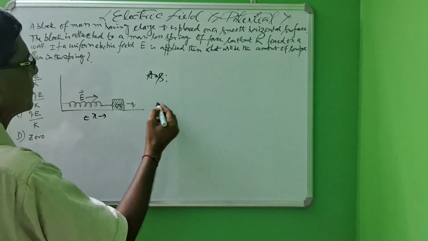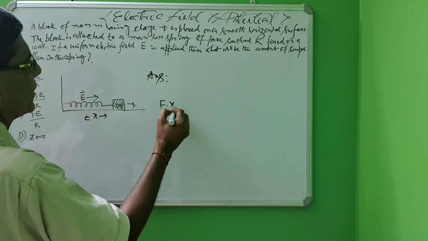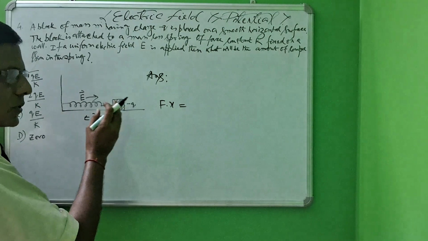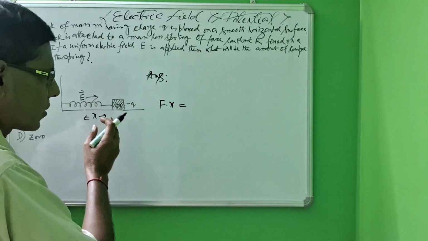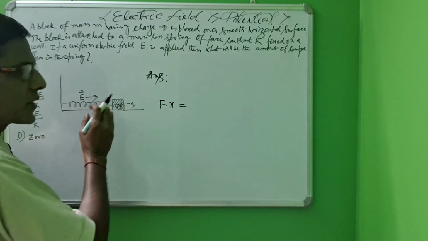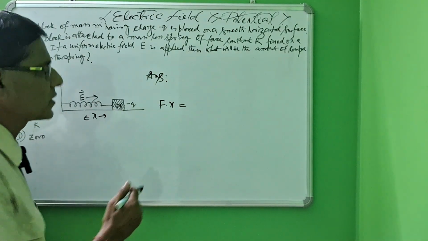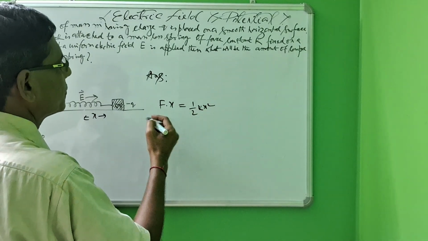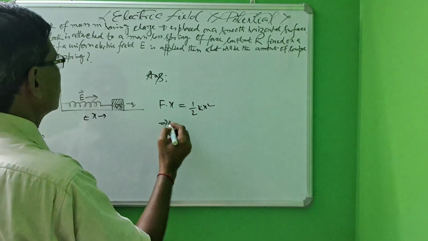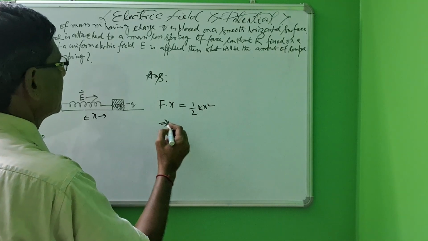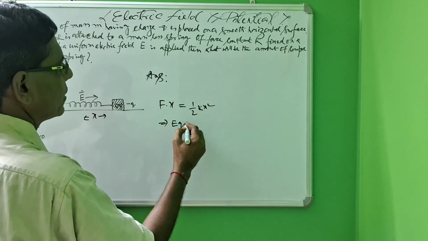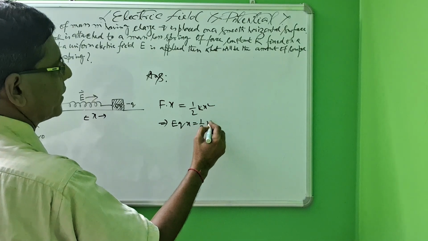So we can write this force F into x equals to the potential energy, because when the spring is contracted, it will get some potential energy, and that potential energy equals half kx square.